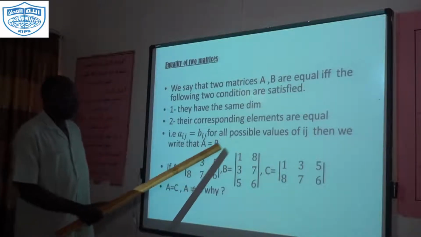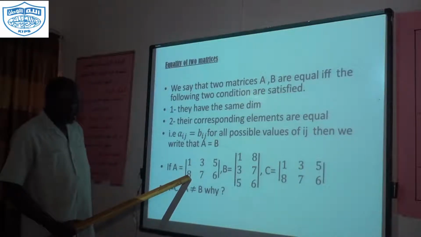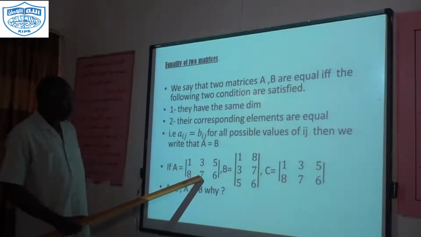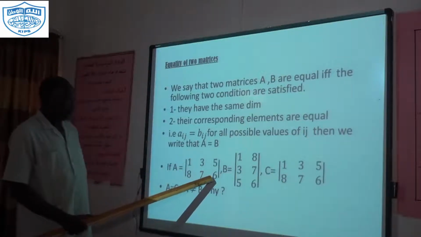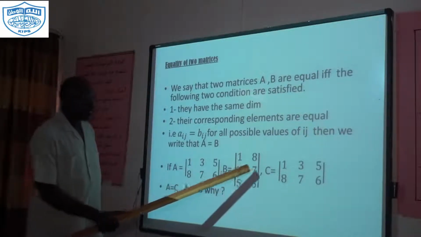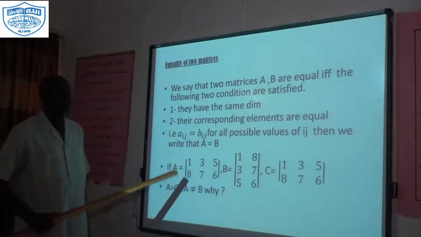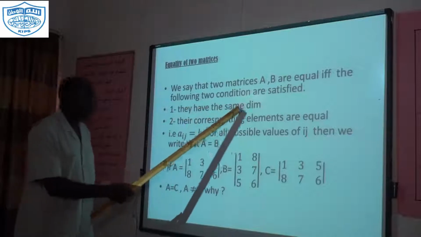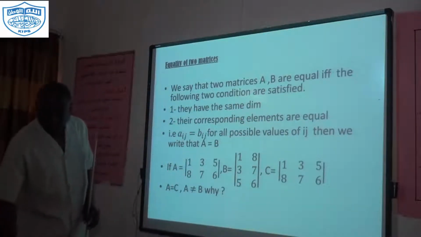A13 equals C13 equals 5. A21 equals 8, C21 equals 8. A22 equals 7, C22 equals 7. A23 equals 6, C23 equals 6. So it satisfies the two conditions. In this case, we say that A equals C, because they have the same dimension and the corresponding elements are equal.